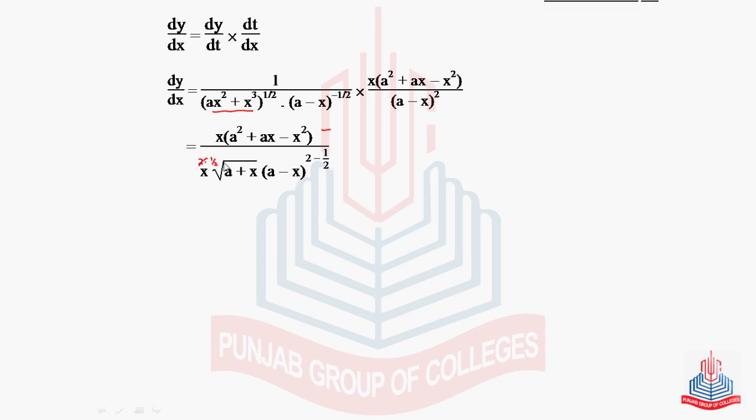This 2 will be cancelled out, so we have only this x, and which is cancel out to this x, so the numerator will be as it is a square plus ax minus x square, and in denominator that will be a plus x square root into a minus x. 2 minus 1 by 2 will become 3 by 2. So this is actually our final result, dy by dx.